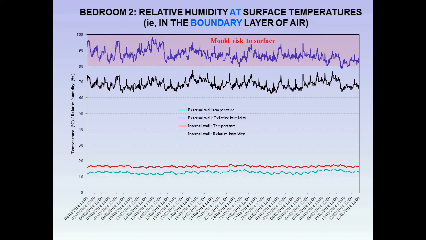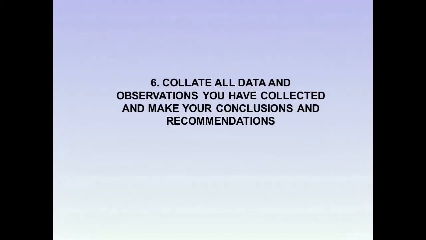However, if we take the internal wall, the relative humidity is down just below 70. It's much warmer, and we can see that from the temperatures as indicated in red and green along the bottom. And once we've got all this information, visuals and so forth, we collate all the data, including your visuals, and make your conclusions and recommendations.